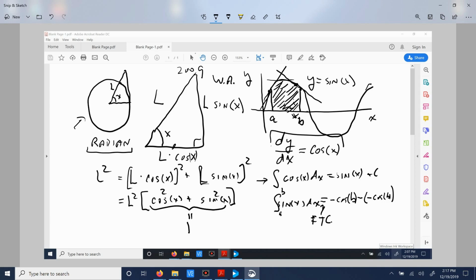The fundamental theorem of calculus was probably the most important theorem in the history of mathematics because it's what opened up the field of modern science. Isaac Newton discovered the fundamental theorem and applied it to physics to create what is called Newtonian mechanics, Newtonian physics.